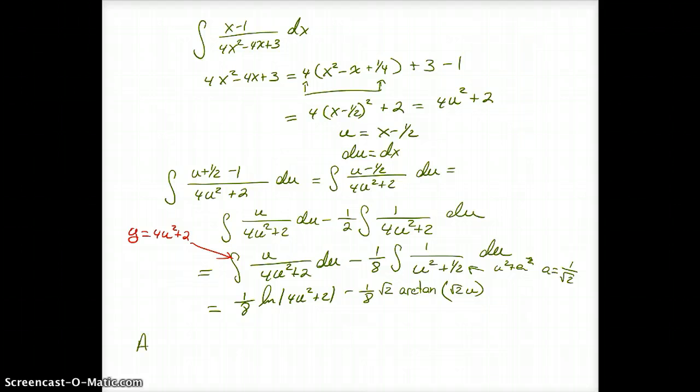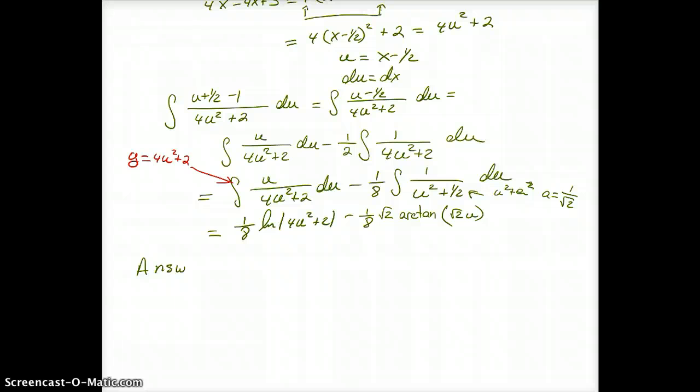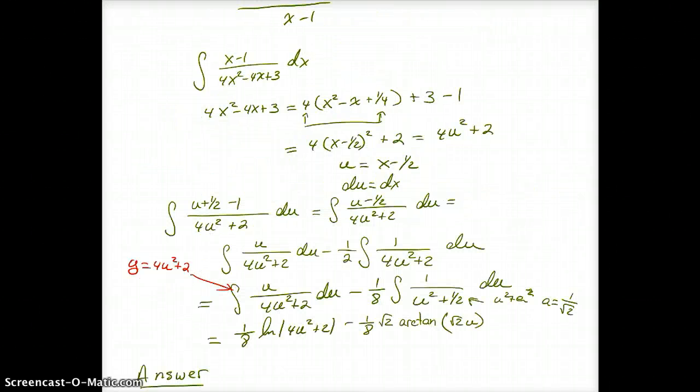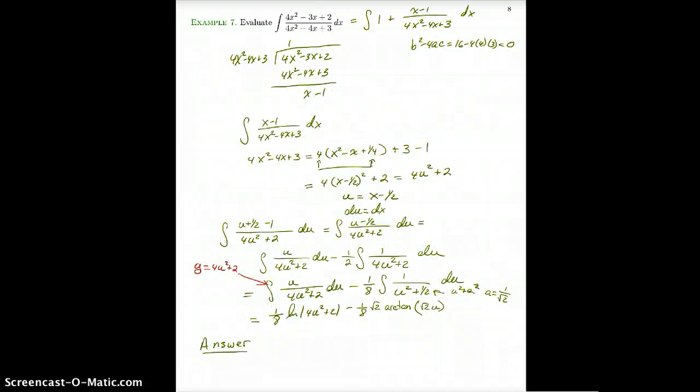So let's see if we can write my answer here. Remember, I had done the long division, so I had the integral of 1.